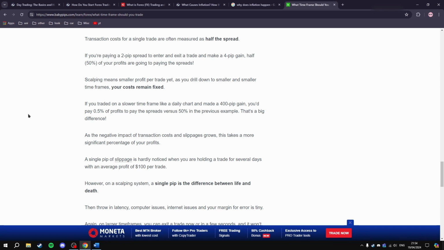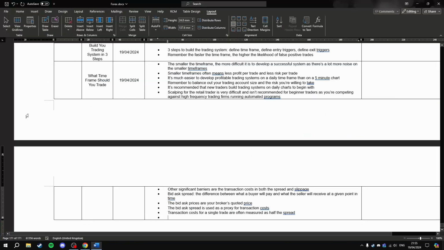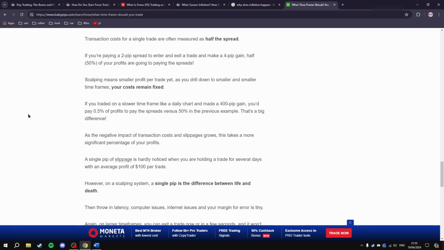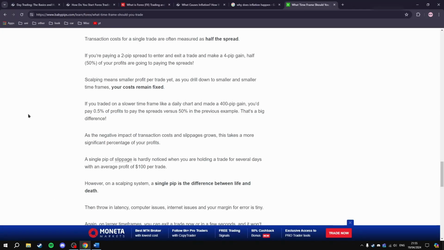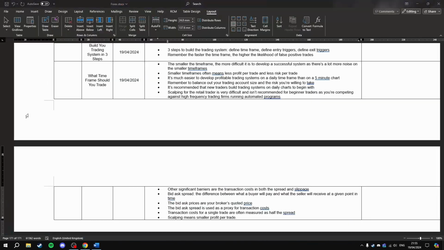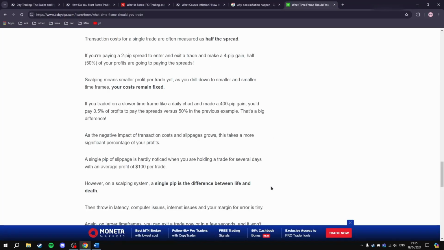So scalping means smaller profit per trade, but as the time frame decreases, your costs remain the same.